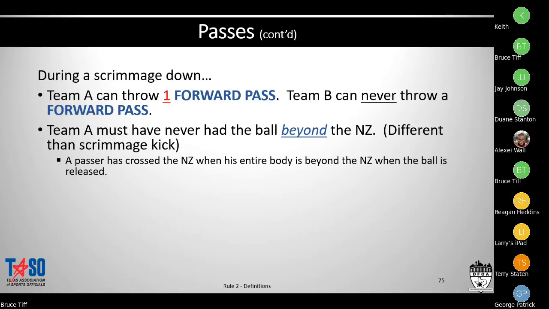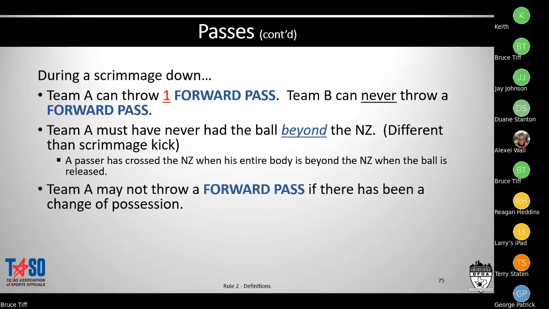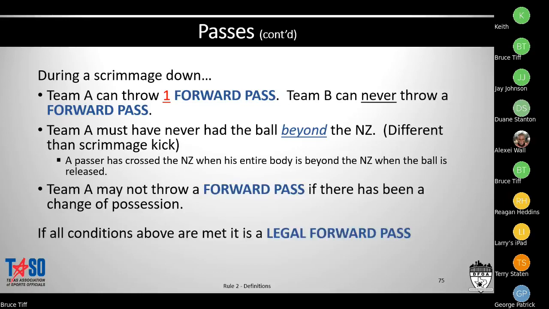If they have a leg stretched back and it's crossing that neutral zone, their entire body is not beyond the neutral zone. Team A may not throw a forward pass if there has been a change of possession. If all conditions above are met, it is a legal forward pass.